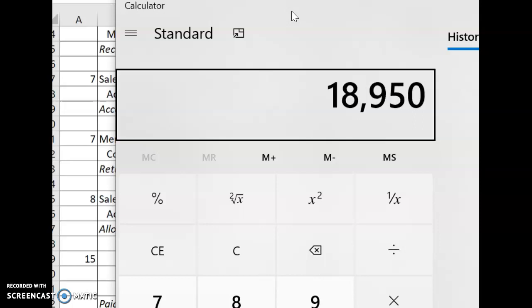So they owe us currently $18,950. That will be the credit to accounts receivable, and we're going to take 2% of that, which is $379. That will be the discount amount.